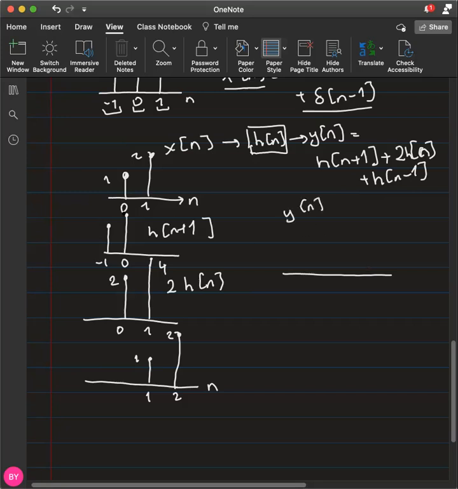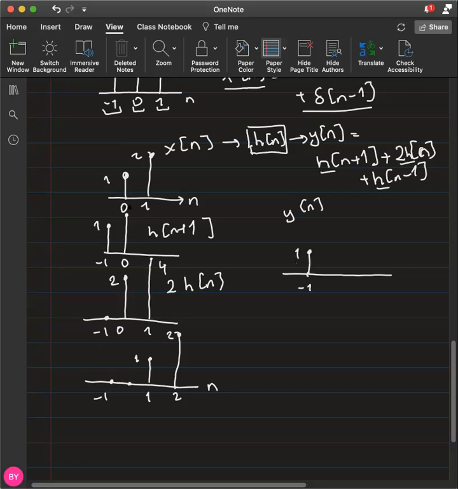Okay, now I will add at minus 1, I have 1, 0, and 0, right? Minus 1. I'm adding all values at minus 1 coming from these three h of n's, okay? So minus 1 is 1.